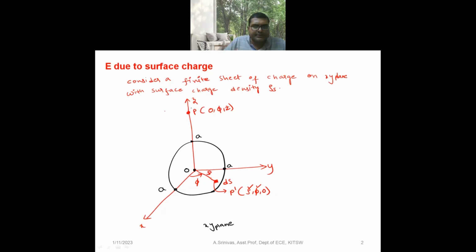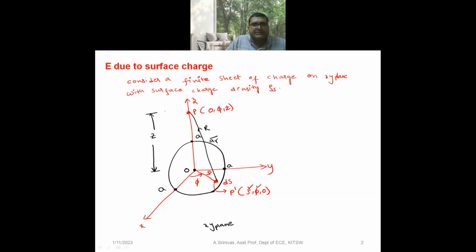For that, draw a line from point P to the differential surface area P dash. The distance is r, and the position vector is ar bar. And along z direction, the distance is z.